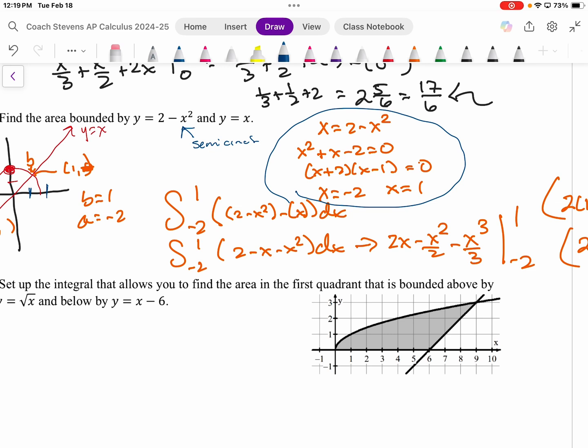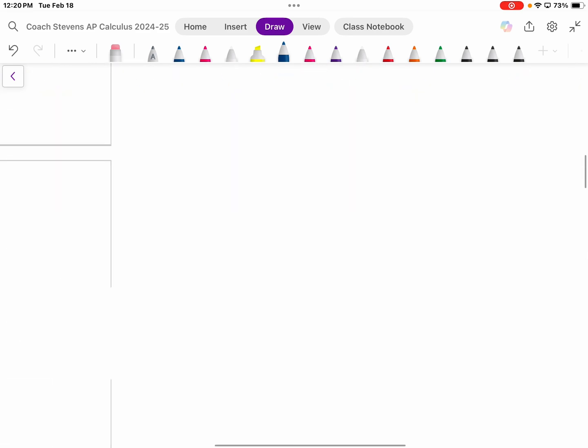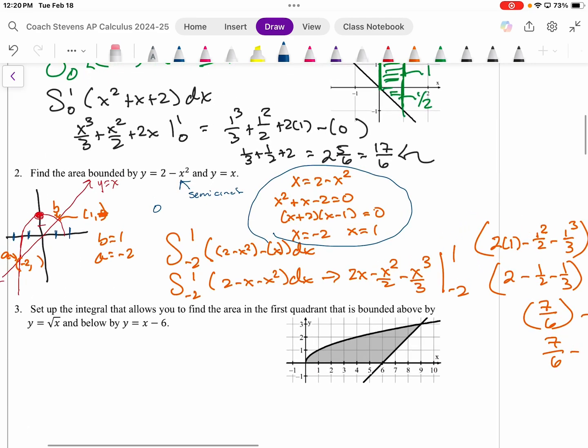A great one here is 0, which is in between negative 2 and 1. 2 minus 0 equals 2. This would be y equals 0. Hey, 2 is bigger than 0, so that means it's the top equation. So you can always just pick a number between your lower and upper bound, plug it in, find the y answer, and say, okay, who's bigger? That's the one that's got to be on top, the first equation before the minus sign.